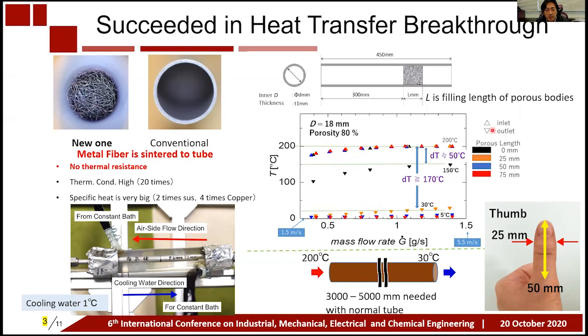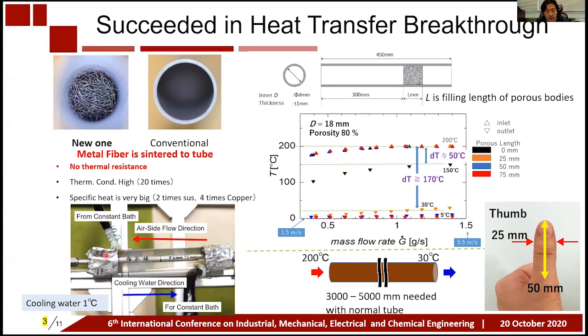The upper triangle indicates the temperature at the inlet, almost 200 degrees Celsius, and the lower triangle indicates the temperature at the outlet.